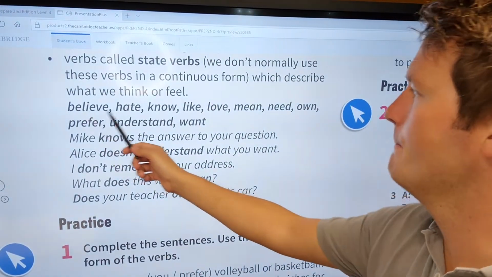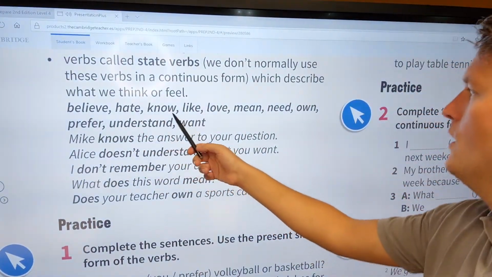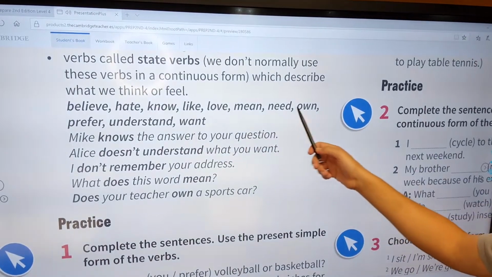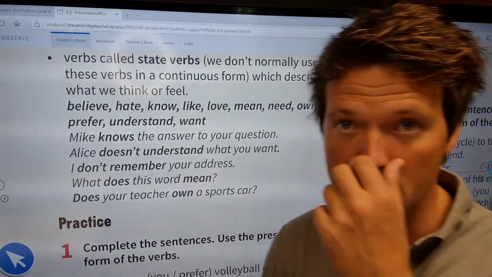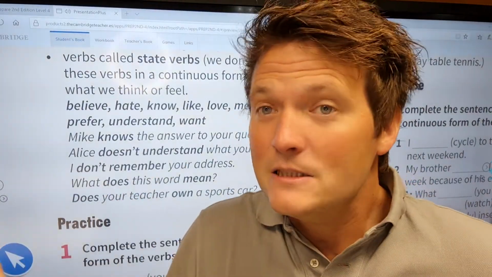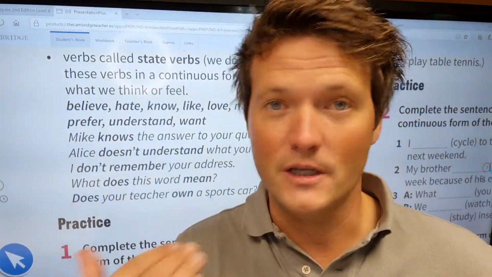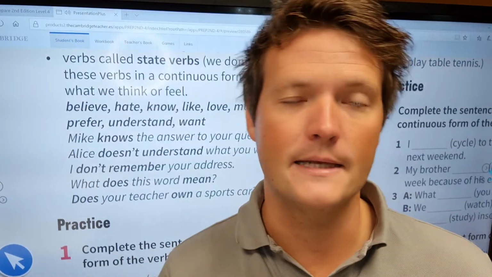So we have words like believe, hate, know, like, love, mean, need, own, prefer, understand, want. All of these words are usually used in a simple tense, right?